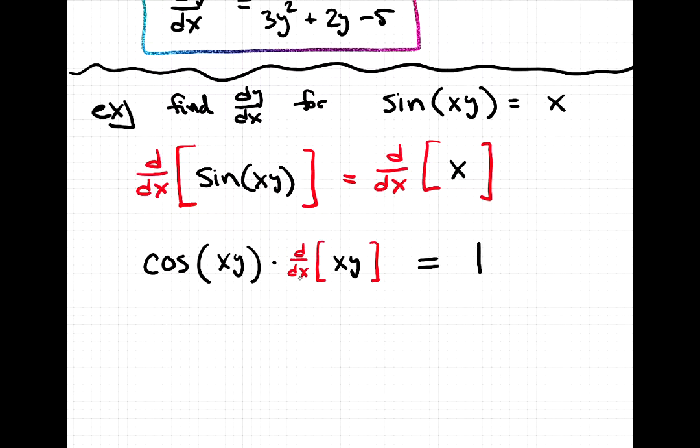Okay, so now applying the product rule. So we have cosine of xy times, so the product rule says we take the derivative of the first times the second. So the derivative of x is 1, so 1 times y, plus the first times the derivative of the second, and the derivative of y is dy over dx.